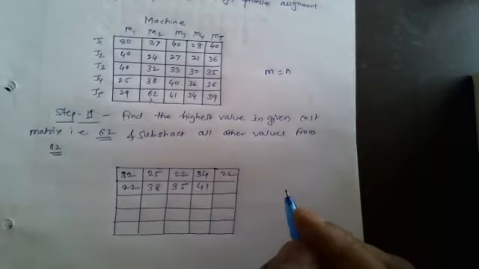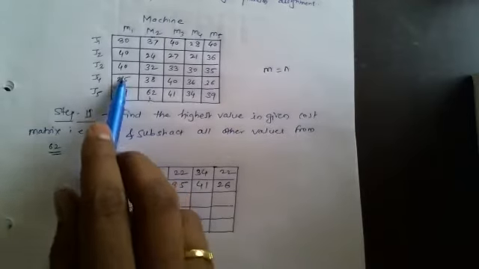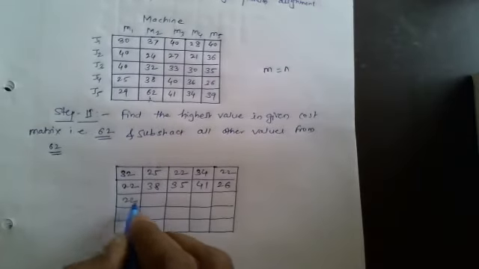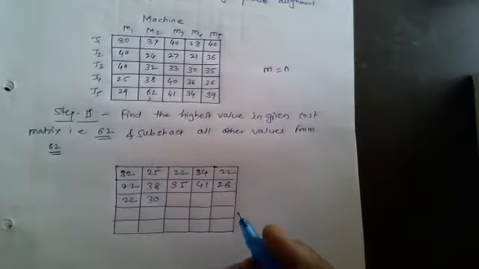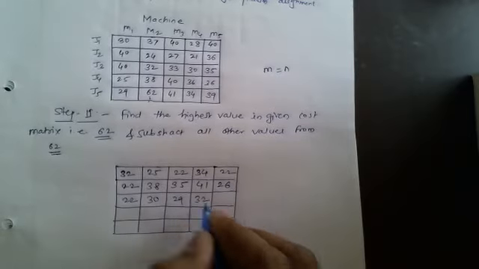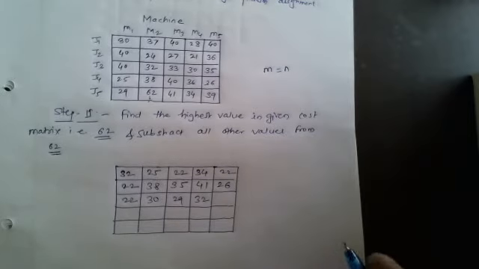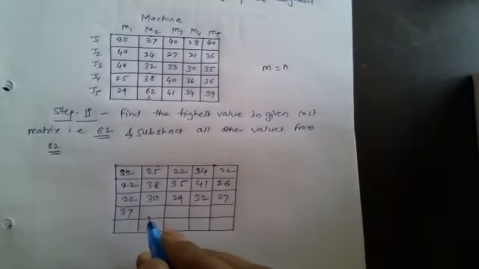Next 62 minus 36, I think 26. Next 62 minus 40, again it will become 22. Next 62 minus 32, it will become 30. 62 minus 33, 29. 62 minus 30, again 32. 62 minus 35, that is 27. 62 minus 25, that is 37. You just check whether I am writing the correct values or not.